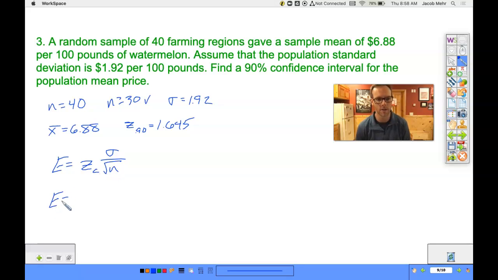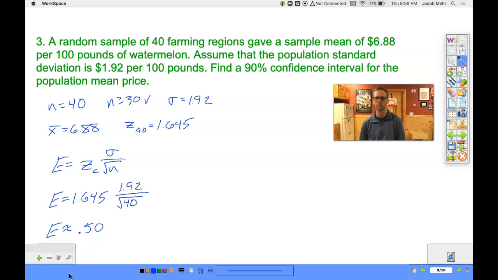So our error here is going to be 1.645 times 1.92 over the square root of 40. And this gives us an error of about 0.4993. So I'm going to round that to 0.5.